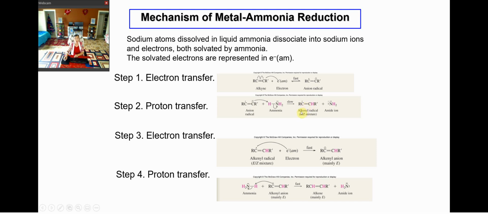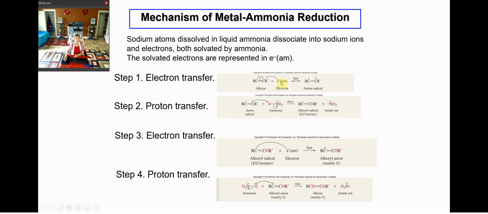This radical you call the alkene radical. This radical is composed of a carbon double bond and also an unpaired electron on a carbon. And then this ammonia becomes an amide. This amide negative is also going to be involved in your further reaction as your catalyst.